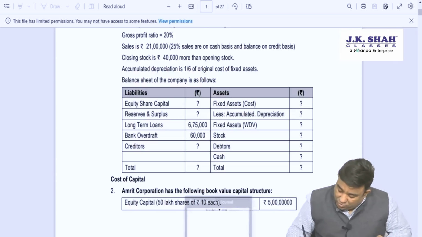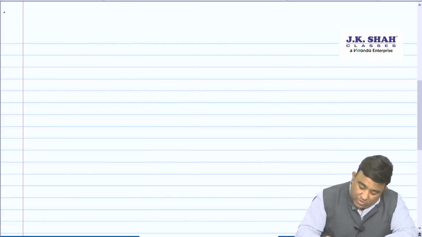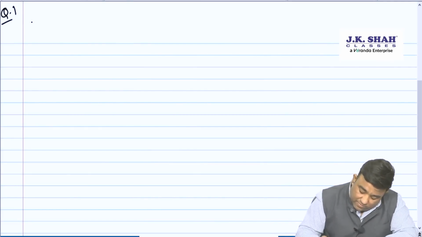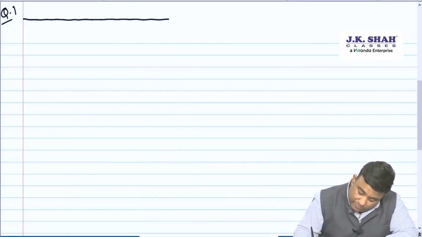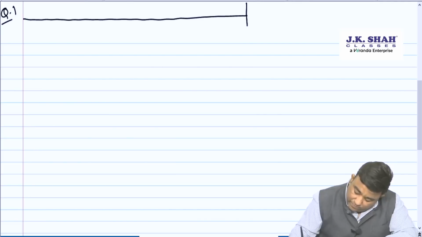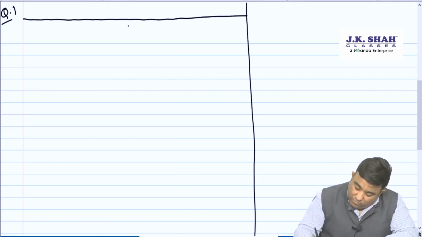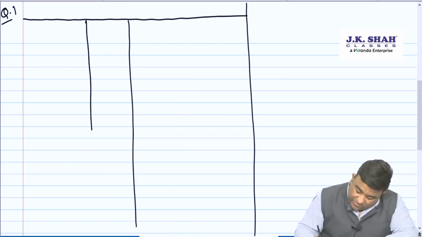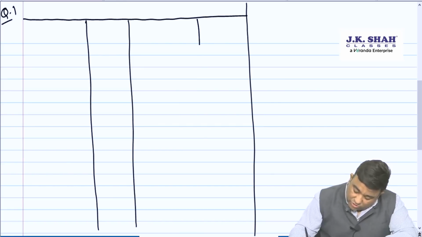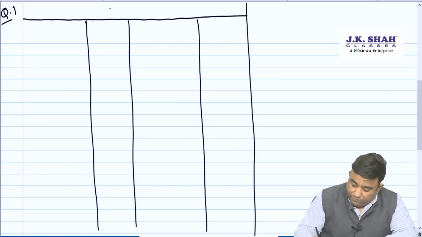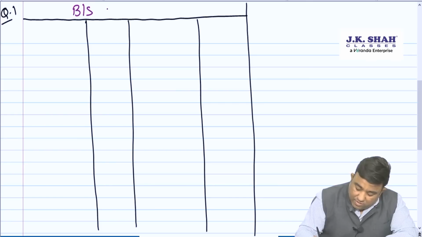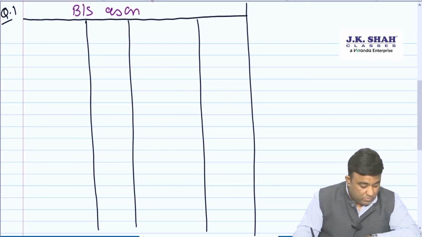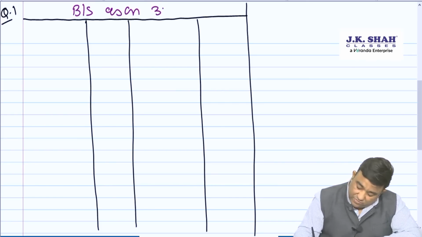Let us start with the solution, students. Question 1 is a ratio analysis. I am going to draw the same format with 5% liberty from our side so as to make the solution simple for you. This is the balance sheet as on 31st March.